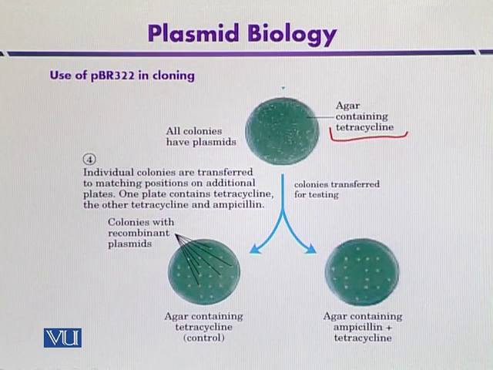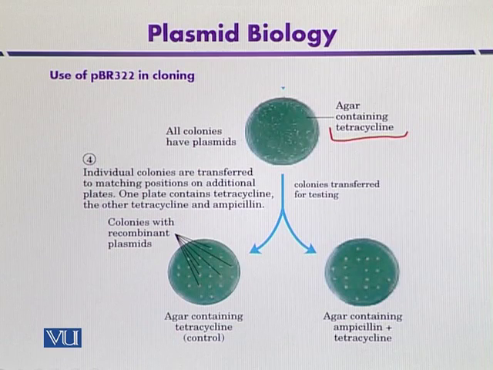So that's why in the first step, all the transformants, as they are resistant to tetracycline, will be grown on tetracycline supplemented medium. And at this stage, there are chances that the plasmid may be recircularized or may have an insert of foreign DNA. Because in either case, the transformants are resistant to tetracycline because its function is not inactivated.